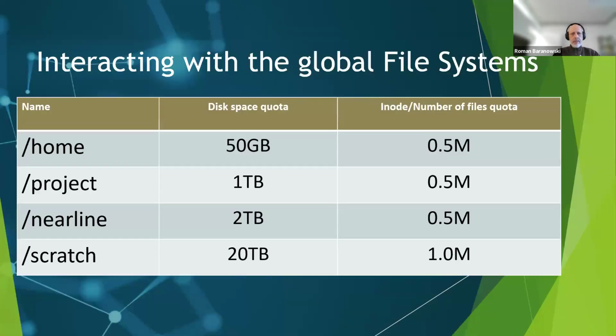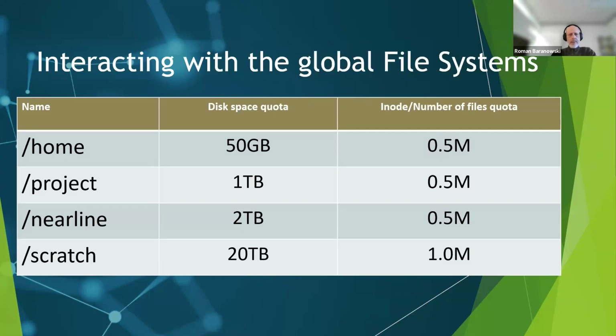Right now, let's go to how we will deal with the file system. So typically, when you log in, you see home, you see project, you see nearline, and you see scratch.